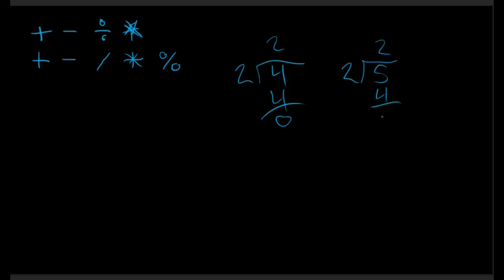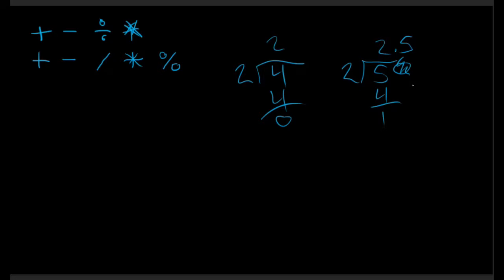It's going to stick out 1, and then we could add a decimal and a 0 here. It's been a long time since I've done long division on paper. Anyway, we end up with 2.5. 2 goes into 5 2.5 times.